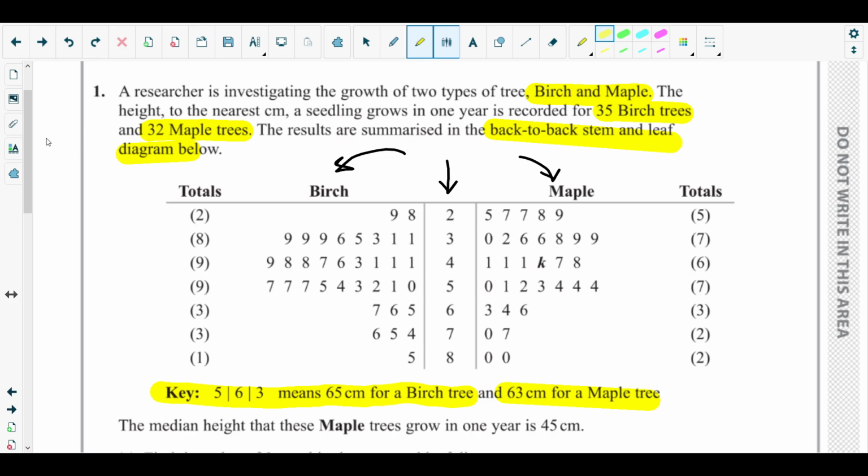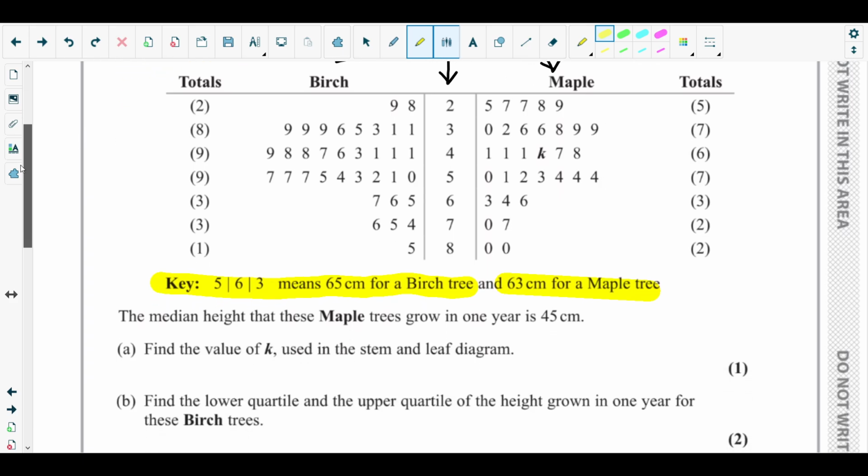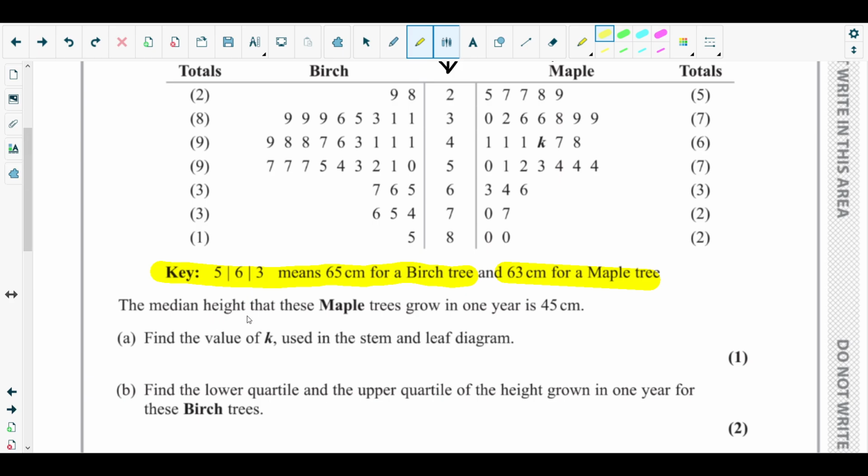Next, they said the median height that these maple trees grow in 1 year is 45 centimeters. Median is basically Q2, so Q2 is given as 45 centimeters. In part A, they are asking us to find the value of k used in the stem and leaf diagram.